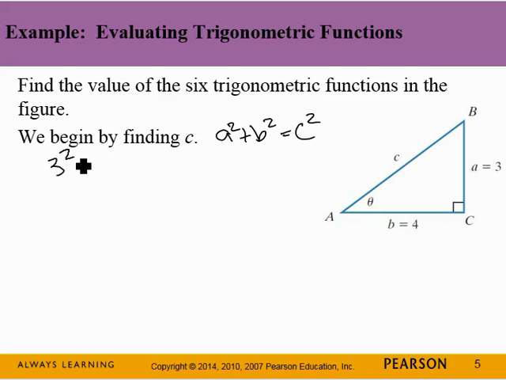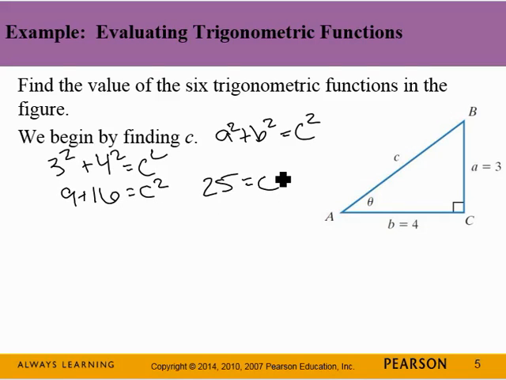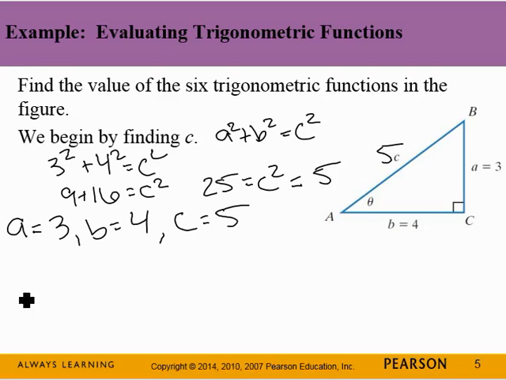So 3 squared plus 4 squared equals c squared. So now you know A is 3, B equals 4, and C equals 5.